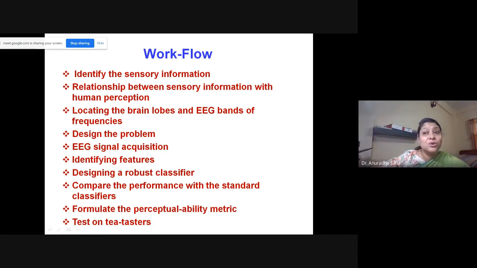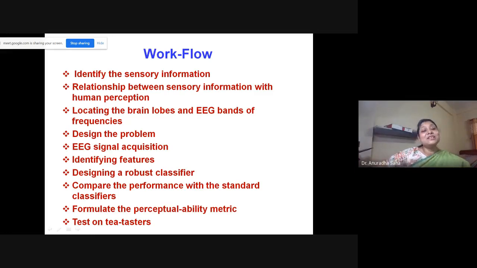That means, before testing on the tea testers, we need to train, and we need to go on testing on a large number of data sets which are collected from a large pool of human subjects, because obviously tea testers are very few, and we cannot afford to make them sit and give data for hours and hours and days, right?